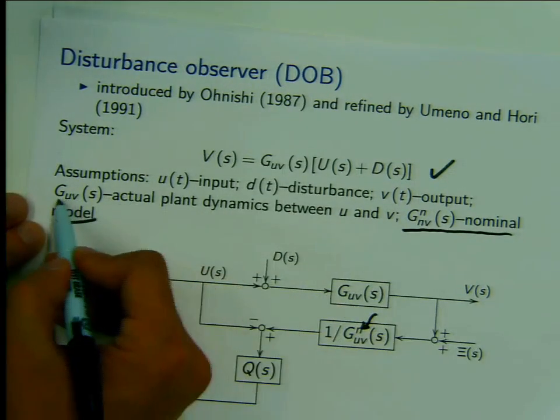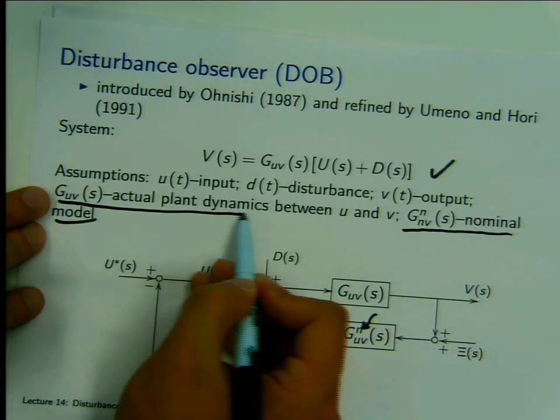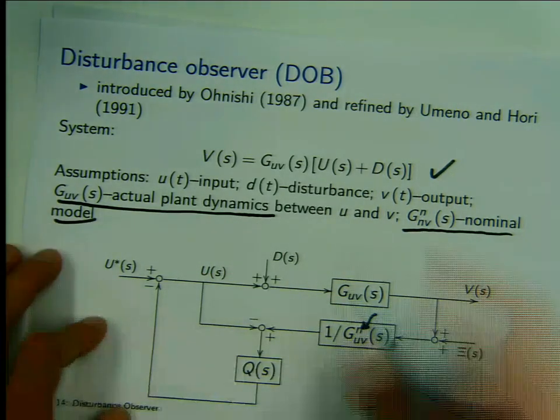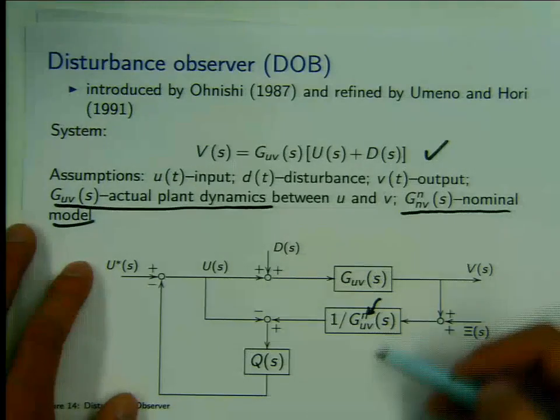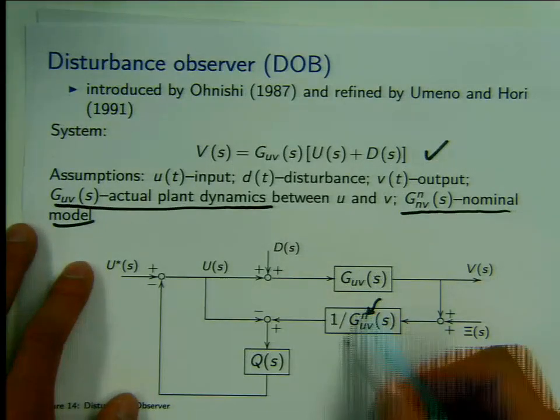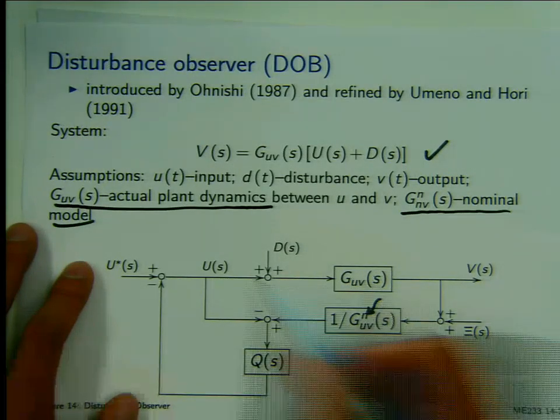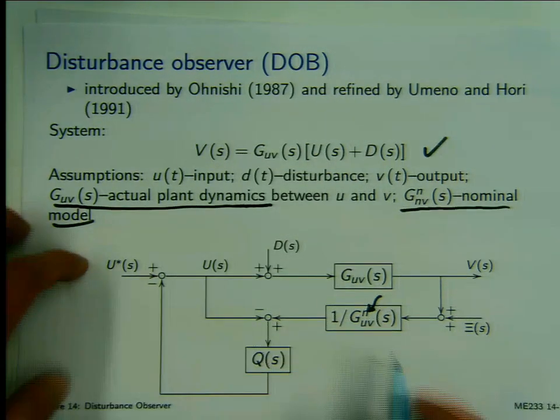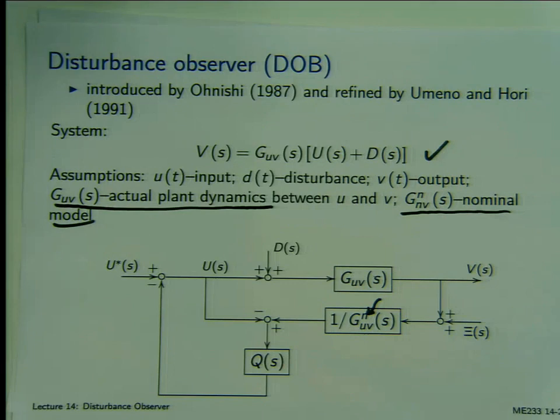GUV is the actual dynamics, and this is the nominal version. So the disturbance observer implements its structure such that somehow this whole scheme is going to be robust. We'll talk about details, but this is the general intuition.